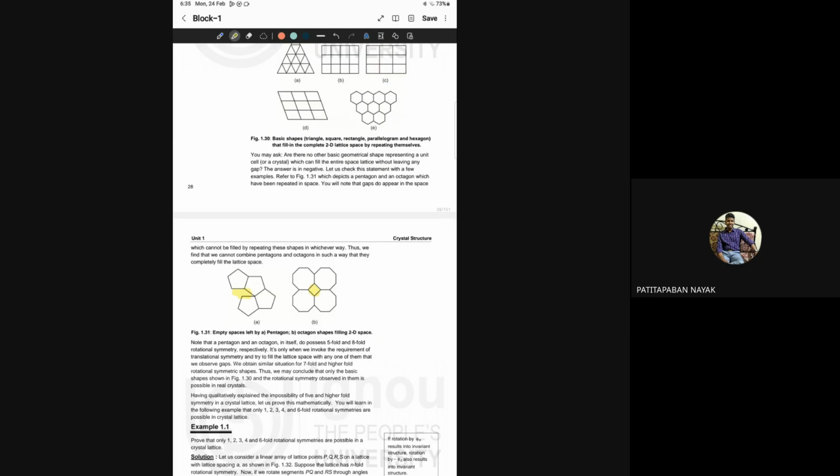As far as the definition of unit cell is concerned, the unit cell is the smallest unit whose repetition will create the whole structure. But if the repetition of the unit cell creates empty spaces, then it is not a unit cell. So that is why five-fold and eight-fold symmetries are not possible.